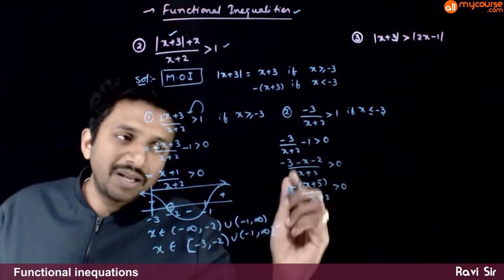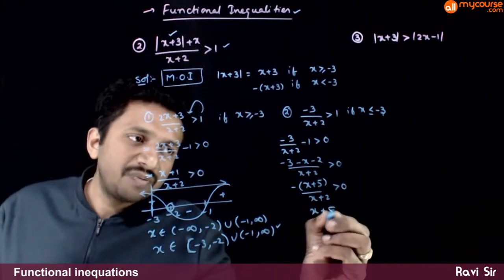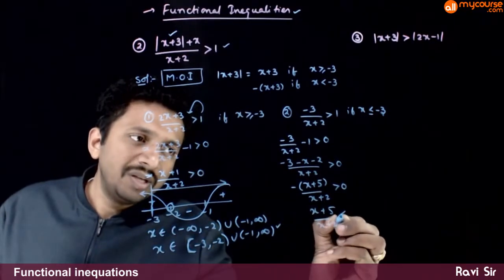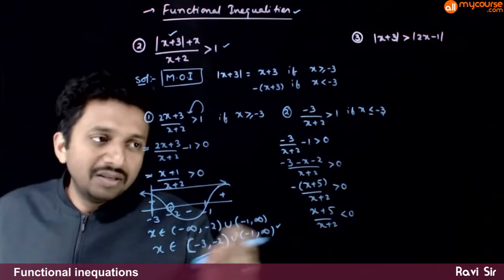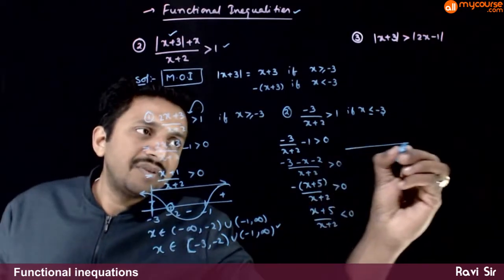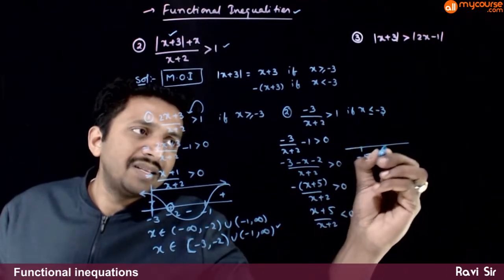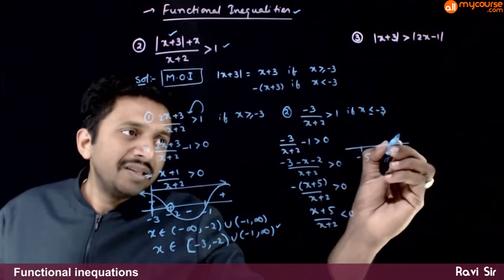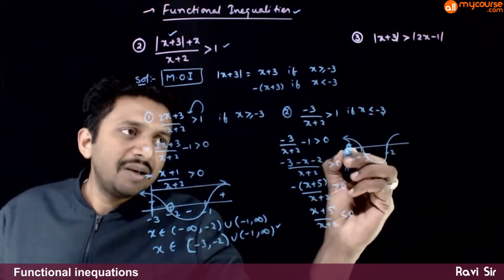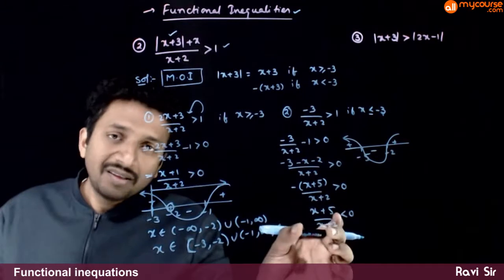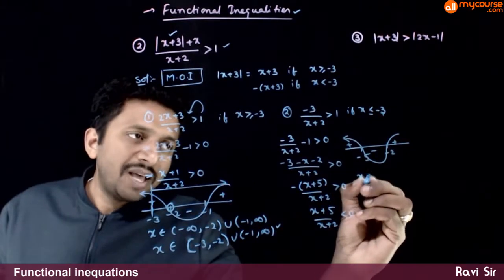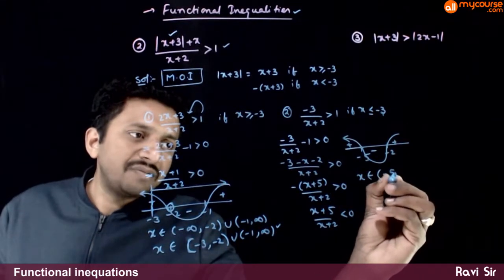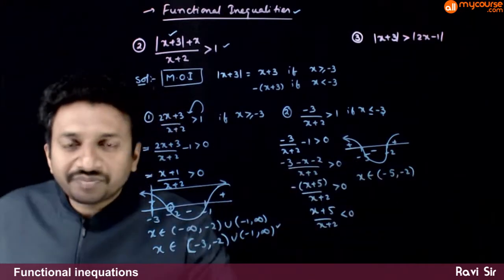If I send this minus onto that side, x plus 5 by x plus 2 is less than 0. Now I can draw the wavy curve. So if I draw the wavy curve, I have minus 5, minus 2. The wavy curve looks like this: plus, minus, plus. I want the negative interval. So x belongs to minus 5 comma minus 2.